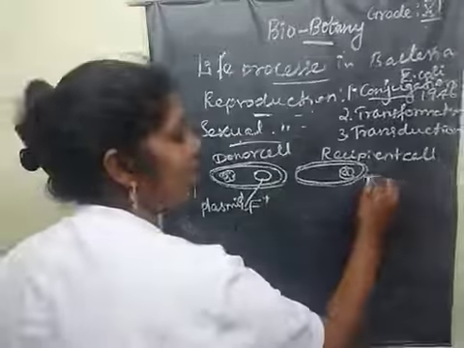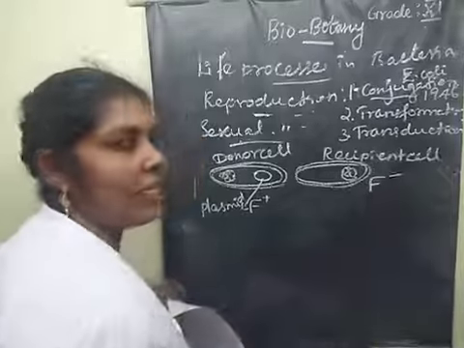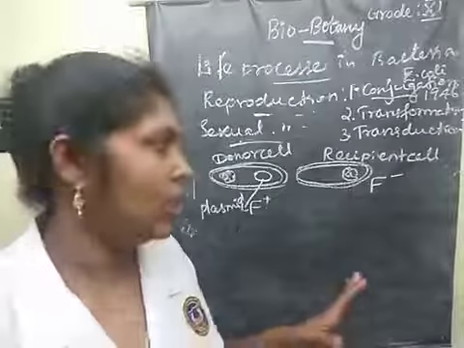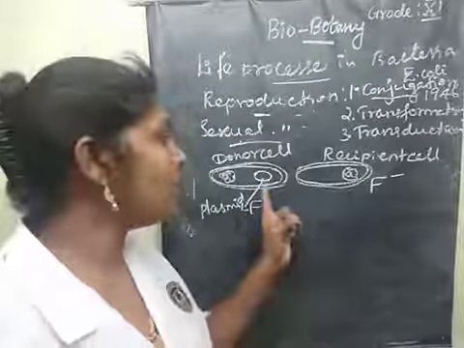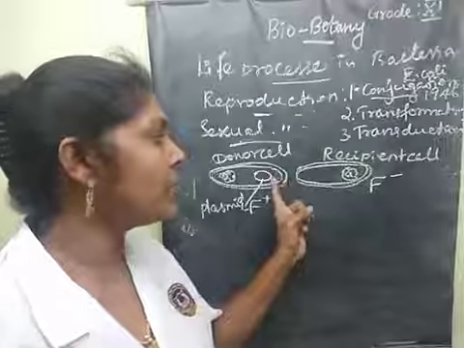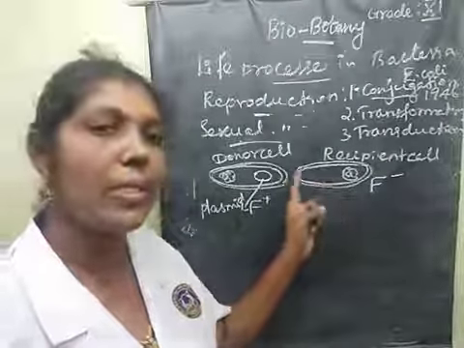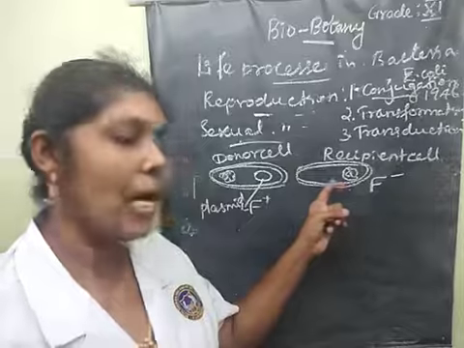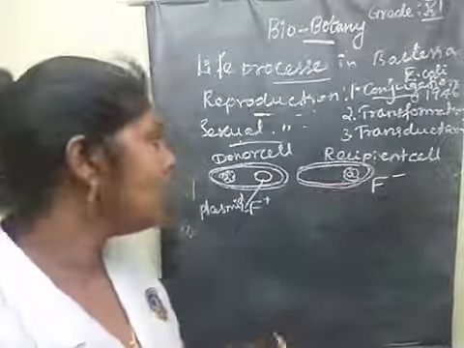So this is the F minus cell, where the fertility factor is absent. How is the gene transferred from one bacterial cell to the other bacterial cell?